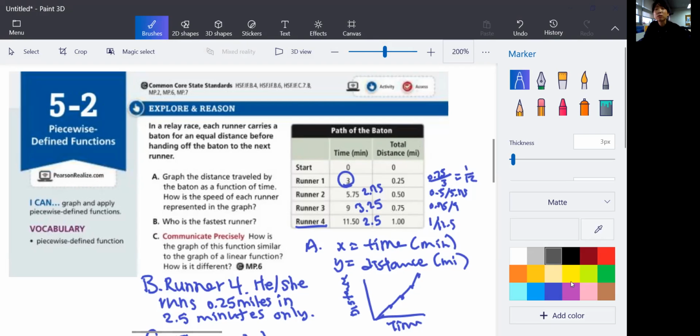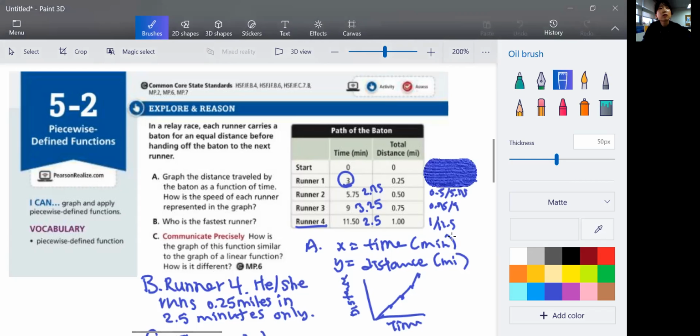The greater the slope, because the slope is distance over time, the less time you need to cover the quarter mile, the faster they are. So the slope is going to be... this is not the slope. Whoops.